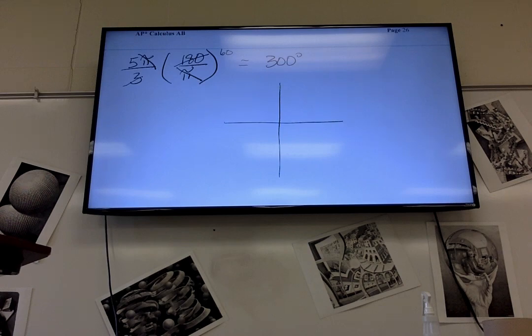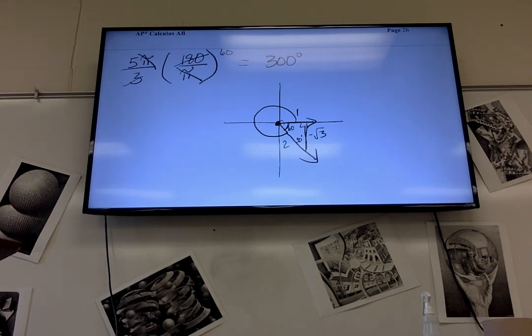So when I draw, 300 is going to go over here somewhere. Reference triangle. So what's this angle going to be? 60. So this is a 30, 60, 90 triangle. Across from the 30 is 1. Across from the 60 is square root of 3, and it's negative because it's going down.